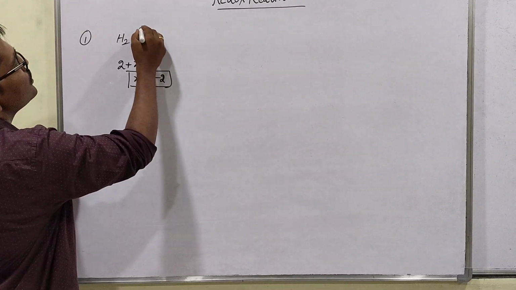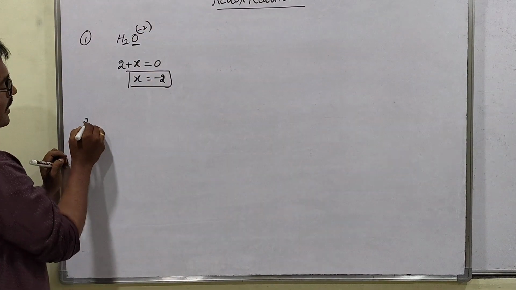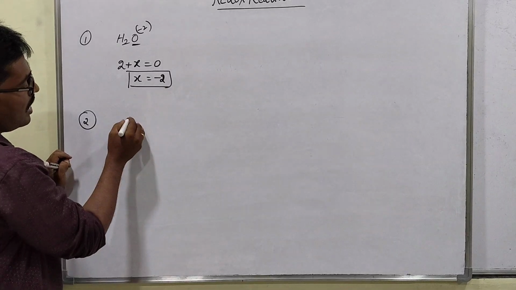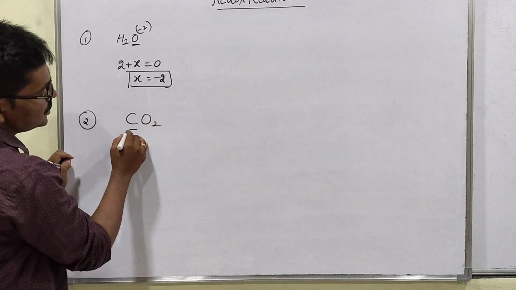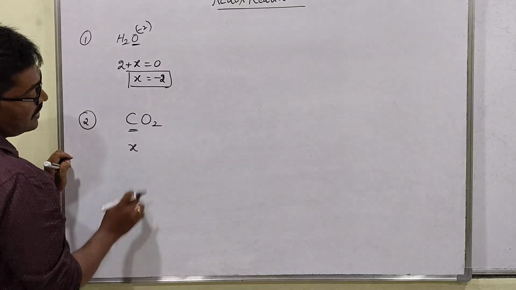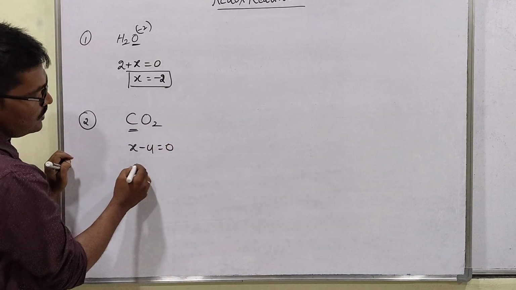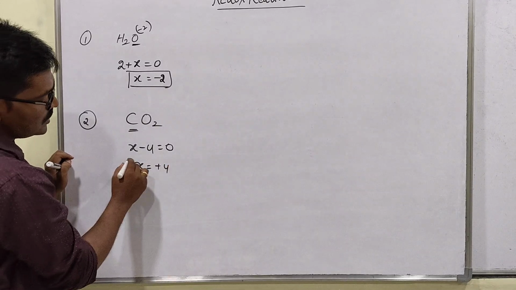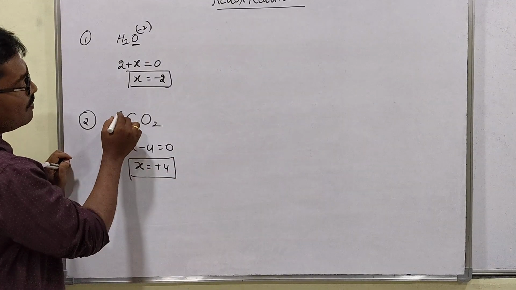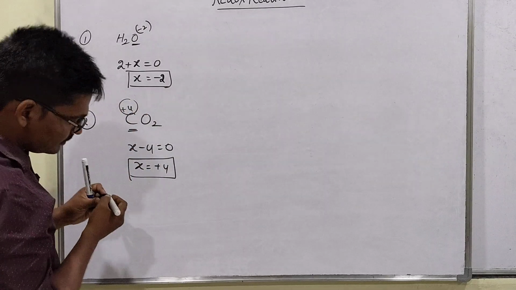So oxygen is in -2 oxidation state. Then CO2, carbon oxidation state. Take X, each oxygen is -2, so -4, equals 0. Then X equals +4. So carbon is in +4 oxidation state, remember.